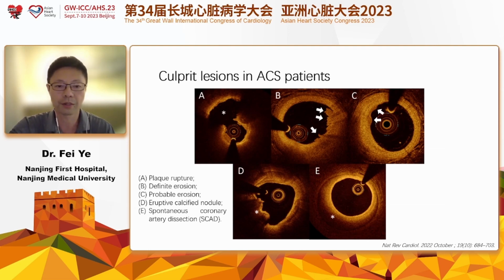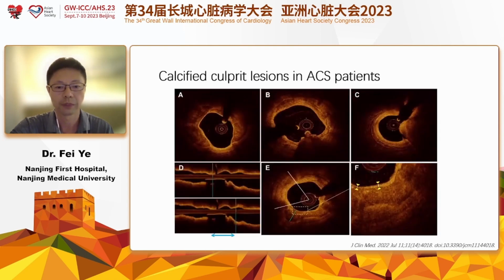The third is calcification with a discontinued cap with thrombosis formation at the surface of the vessel, and finally a scar. So we show there are three characteristics of calcification in patients with ACS.